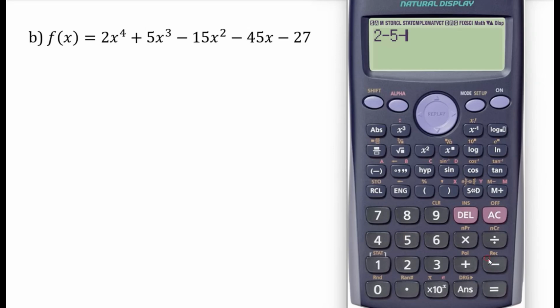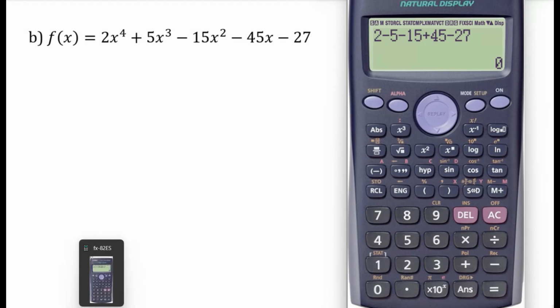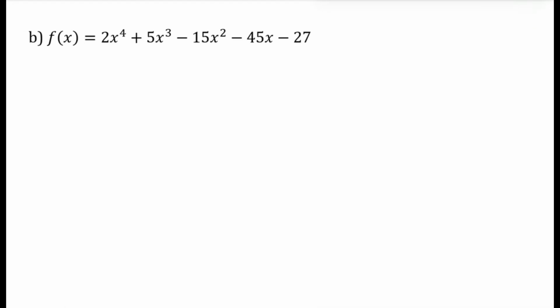The 15 will stay the same. The 45 will flip. The negative 27 obviously stays the same. Bam. 0. So negative 1 worked. f at negative 1 equals 0. Therefore, x plus 1 is a factor.